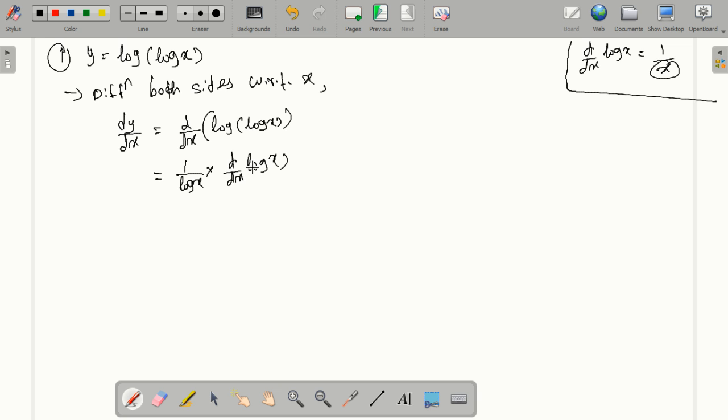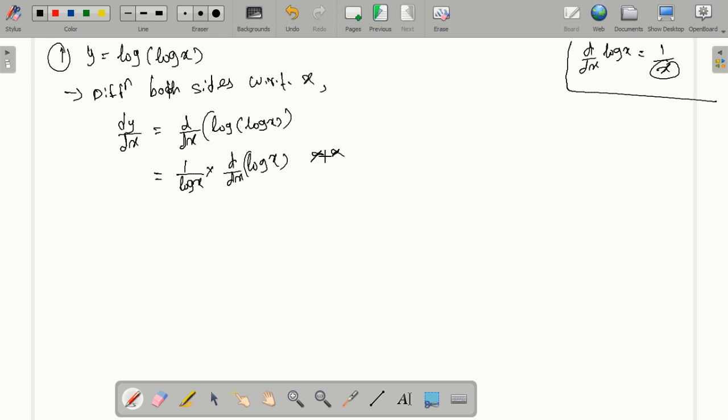This is very important, right? Let's rewind. To find dy by dx, you are going to have d by dx of f of x. In our case, it's log of log x. So we are going to apply the log derivative, which is 1 upon log x, because here x takes the value of log x, and then we are going to again multiply d by dx of log x, right?